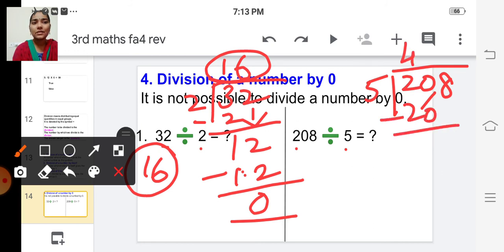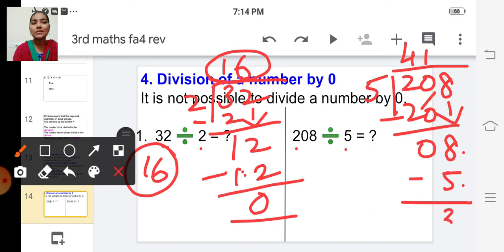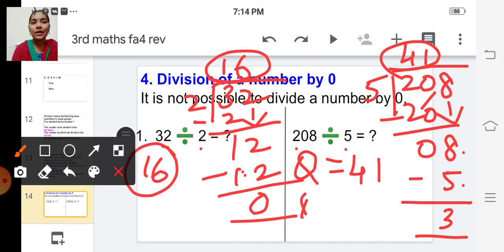Subtract, we get 0, and bring down this 8 here. How many times will 5 go in 8? Only one time. 5 ones are 5. Subtract, 8 minus 5 is 3. So the quotient is 41 and the remainder is 3.